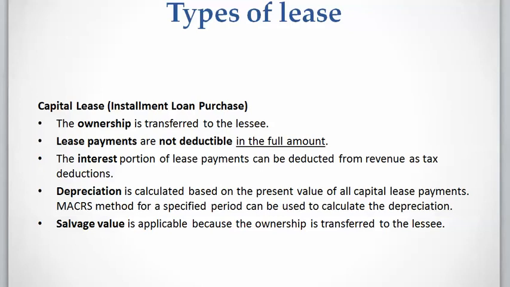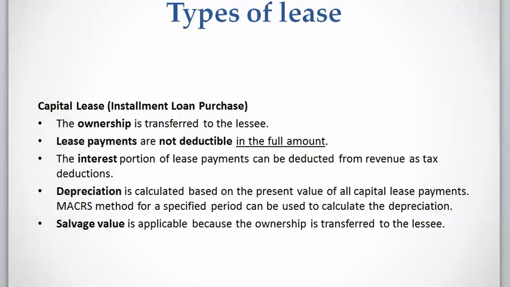The other type of lease agreement is the capital lease. In this type of lease, the ownership is transferred from lessor to lessee. The interest portion of lease payments can be deducted from revenue as tax deductions, not the whole of it.